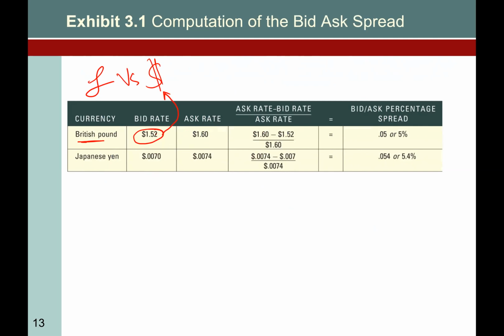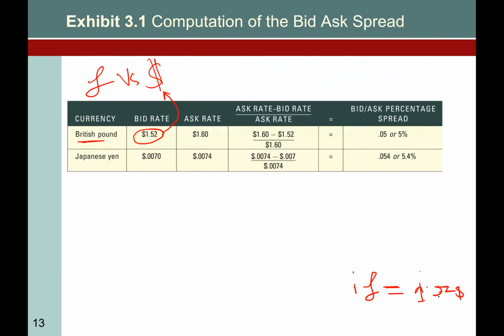No. It is like that: 1 pound is equal to 1.52 dollar, which means you go to the shop, you give 1 pound and you receive 1.52 dollar.